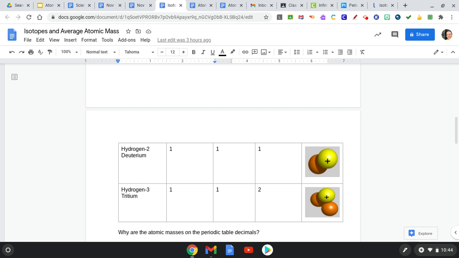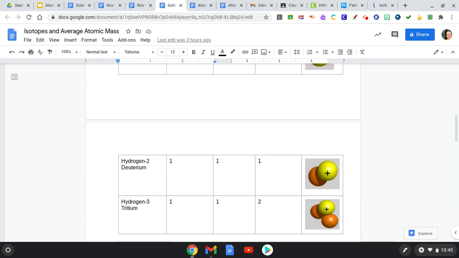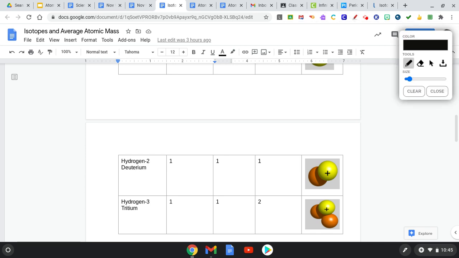Now, a question you might be asking yourself is, why are the atomic masses on the periodic table decimal numbers? Well, it has to do with this whole idea of isotopes and their abundances. So for example, if I'm looking at hydrogen, hydrogen 1 is 99.98% of a sample of hydrogen. Hydrogen 2 is 0.0156%.